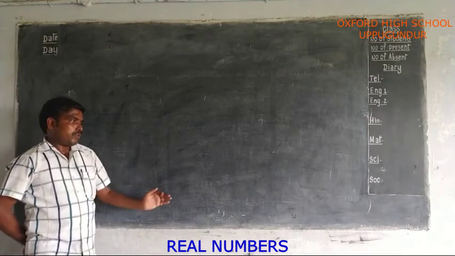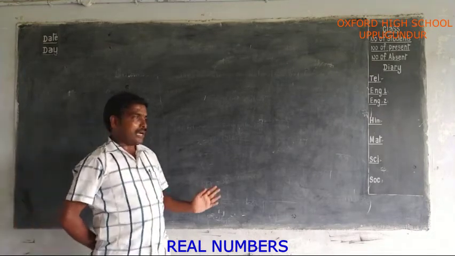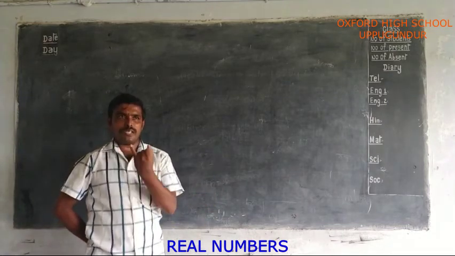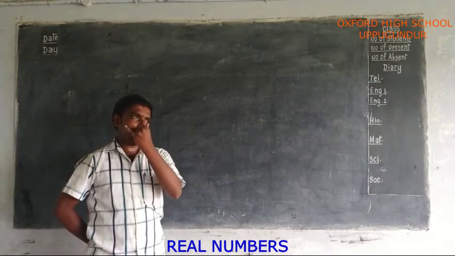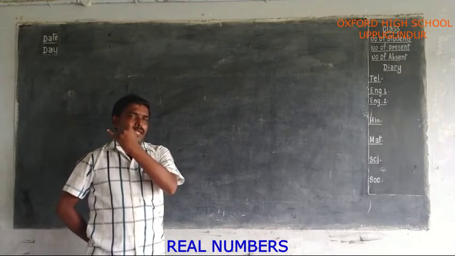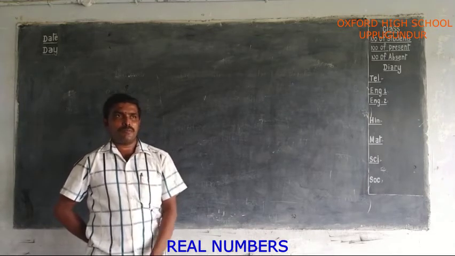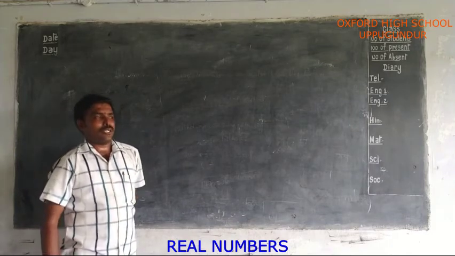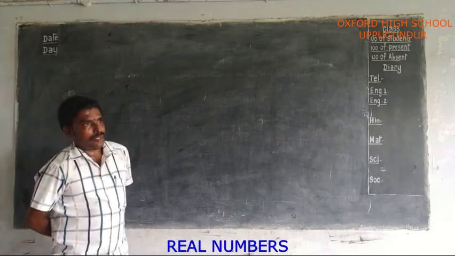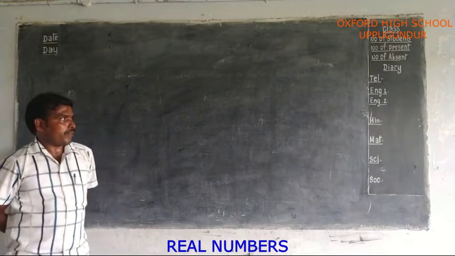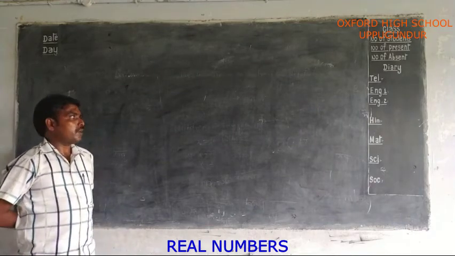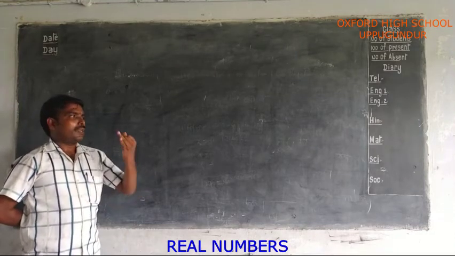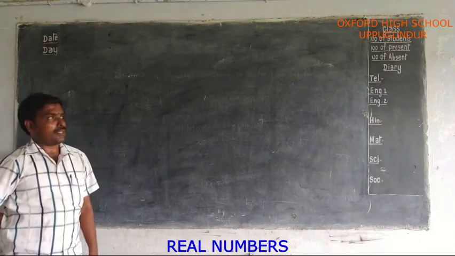So we covered all these topics in this video. What are the topics we covered? First of all, what is a rational number? Any number which is in the form of p by q, where p and q are integers and q not equal to 0, is called a rational number. All natural numbers are rational numbers, all whole numbers are rational numbers, integers are also rational numbers.